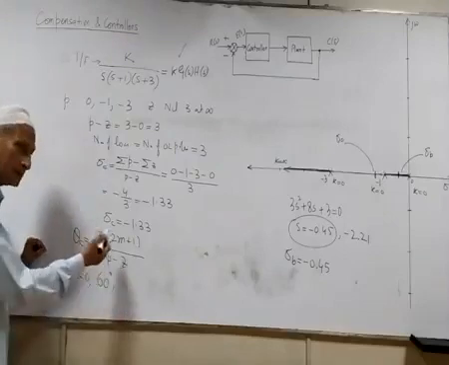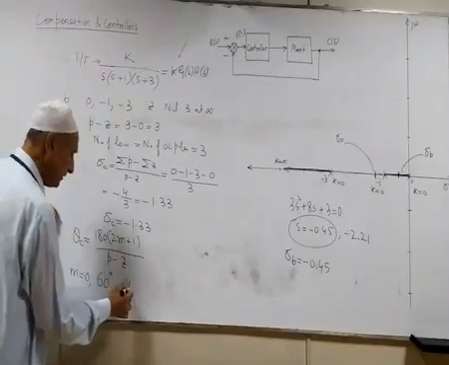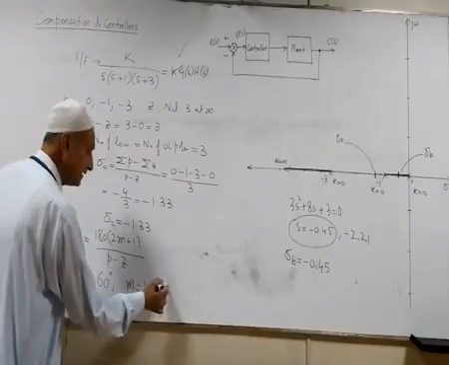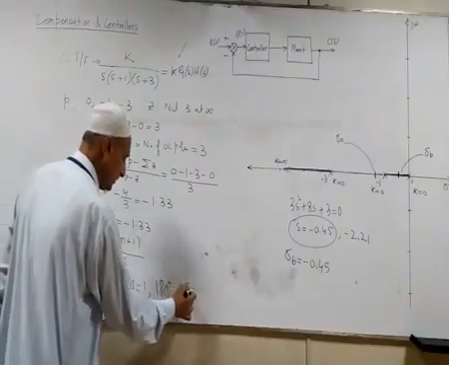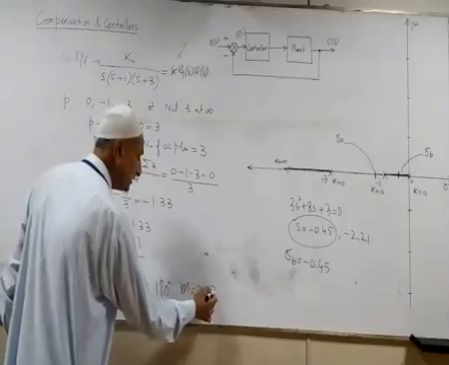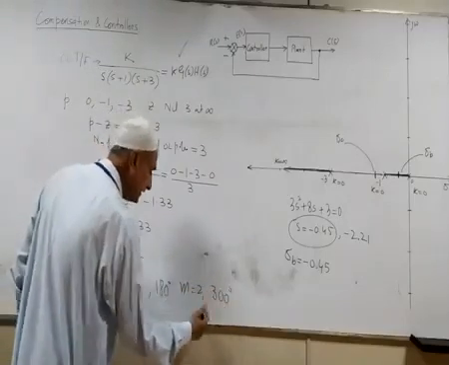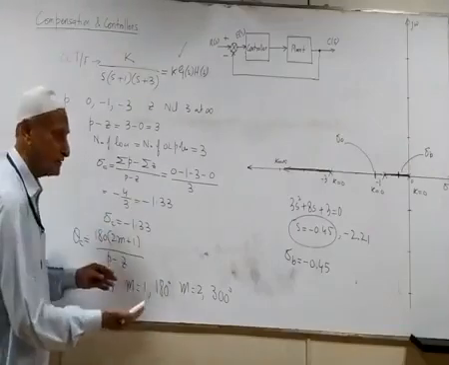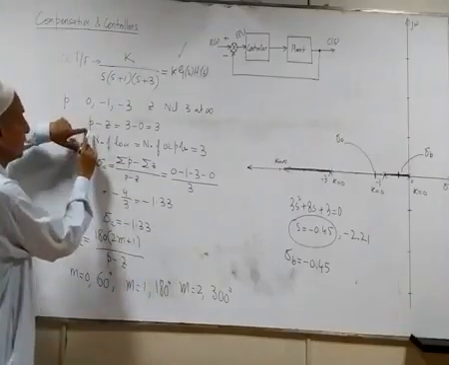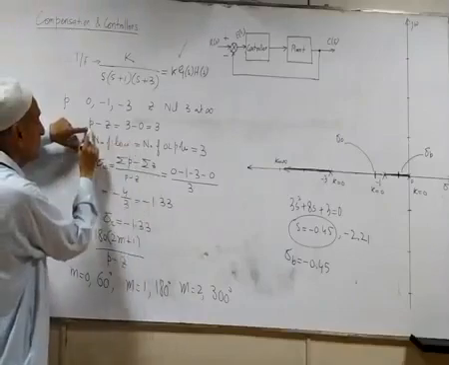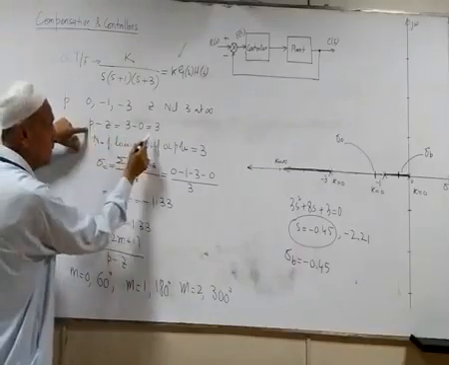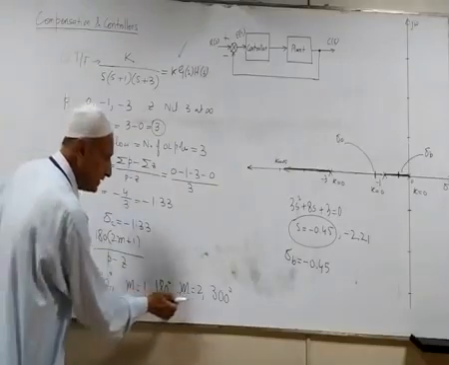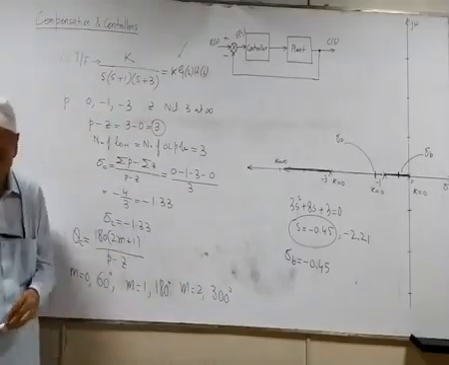If you work out accordingly, for n equal to 1 this will be 180 degrees, and for n equal to 2 it will come out to be 300 degrees. For n equal to 3, it will again be 60, so there is a repetition. Since the number of angles must be equal to the P minus Z difference, which is 3 in this case, we have 3 angles: 60, 180 and 300.